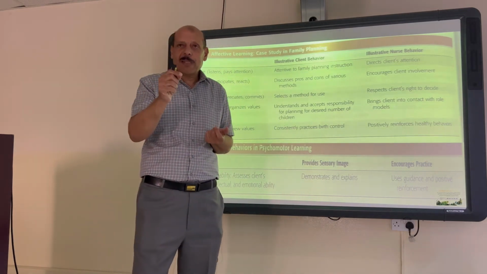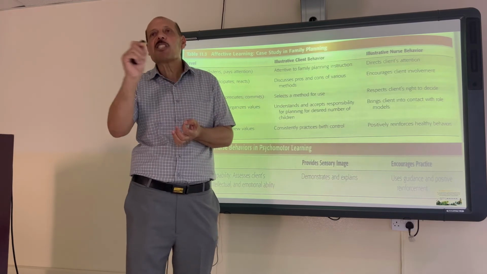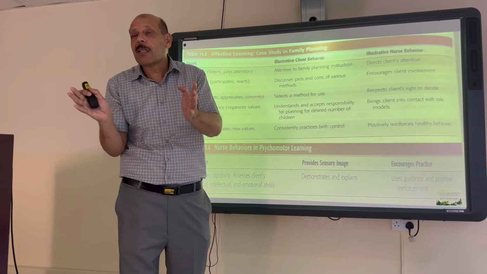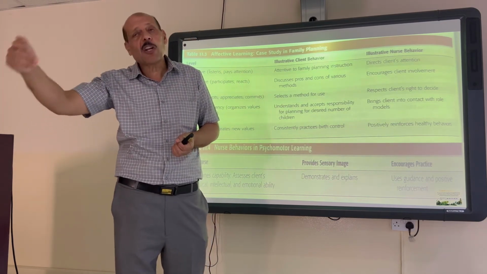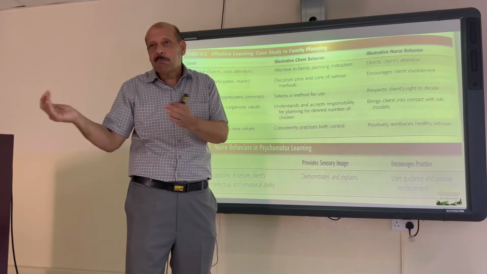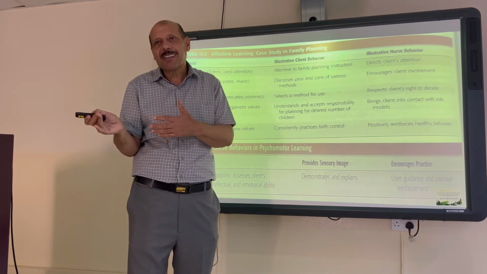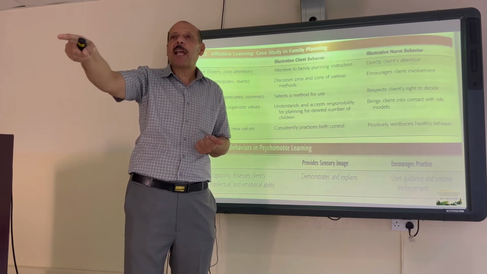We have to inform them about the advantages of this and the disadvantages of that method. If they choose it, it is their choice, but we cannot oblige. If you oblige them to use a method, there might be either a side effect or an untoward effect, and if they have it, they will blame you.